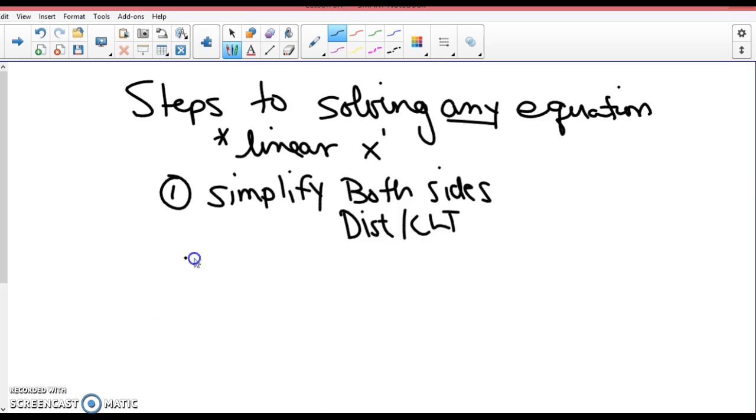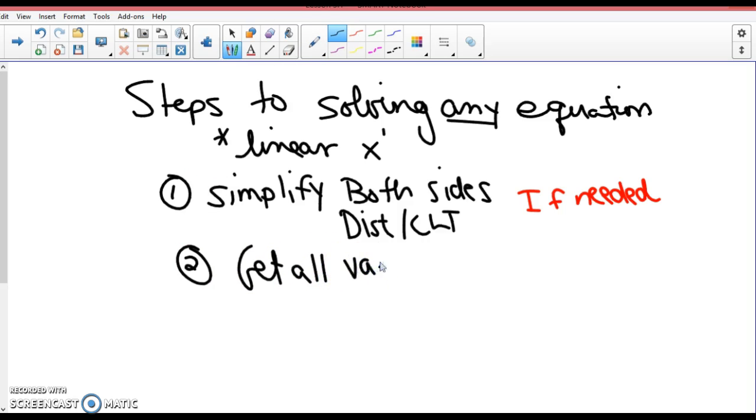Then, step 2. And I guess I should really say for step 1, if needed. Because not every equation is going to need that. Step 2. Get all variables on one side.